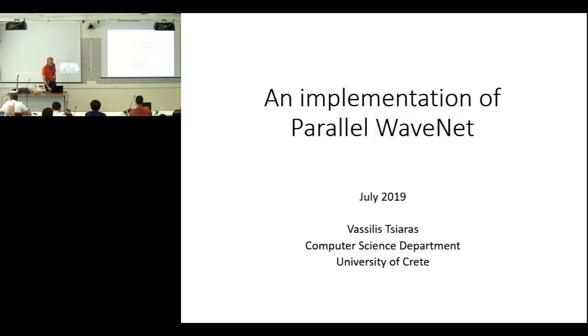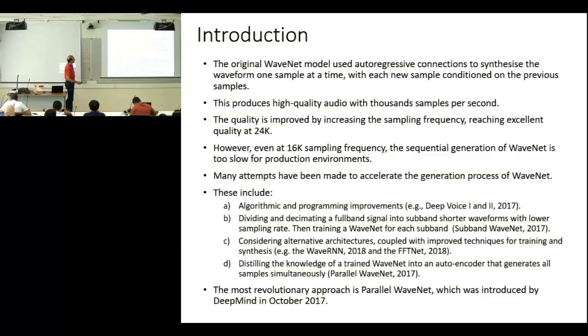Now we will talk about an implementation of parallel WaveNet. The original WaveNet belongs to the class of autoregressive neural vocoders, as does WaveRNN. This kind of model, the original WaveNet, has parallel training, which means fast training, but sequential generation, and this generation is slow.